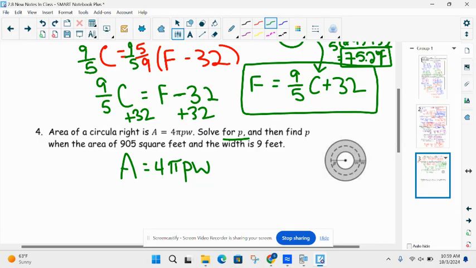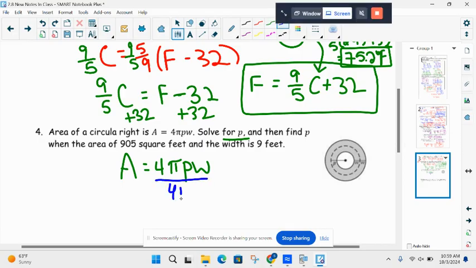Carson? Divide by 4. Just 4? 4 pi. Just 4 pi? 4 pi W, because you're solving for P. So basically, you're just taking everything you don't need and putting it in the denominator over here. So P equals A over 4 pi W.